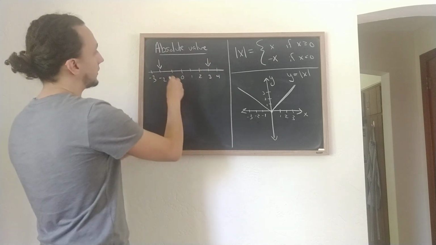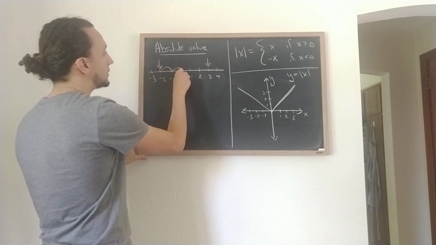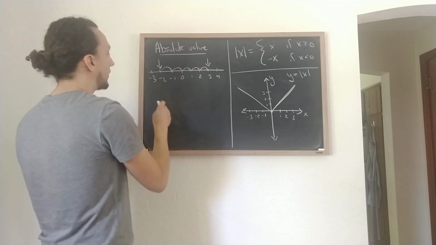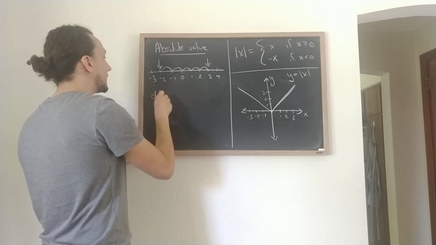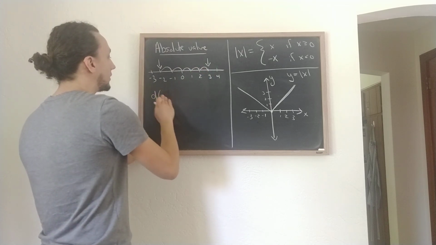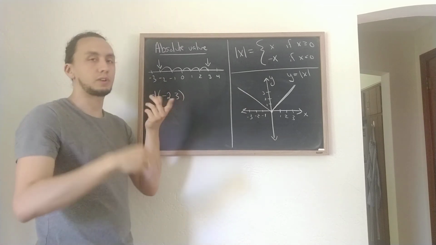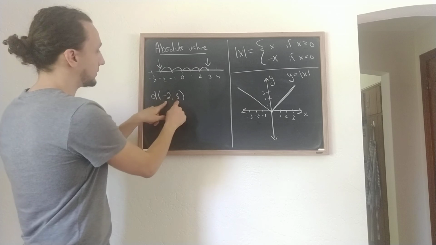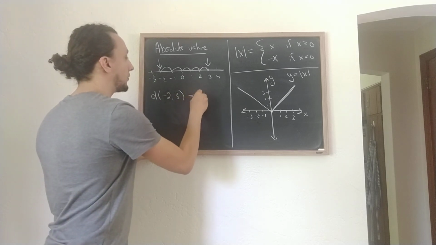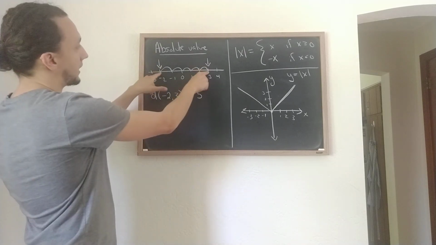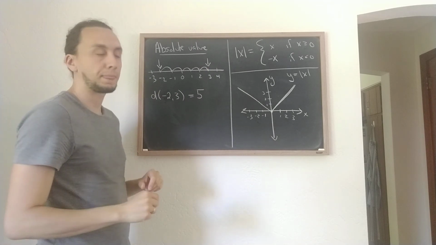How far apart are these? Well, we could sort of count 1, 2, 3, 4, 5. So I might write the distance between -2 and 3. This is just a new function I'm making up on the spot. The distance between these two numbers equals 5, just by observing how far apart they are.